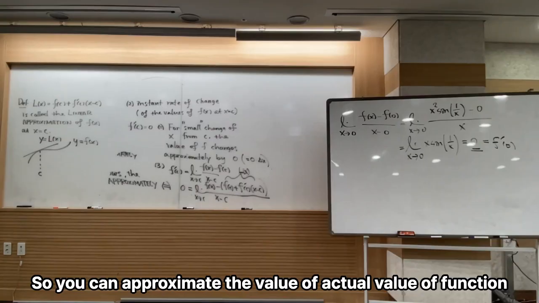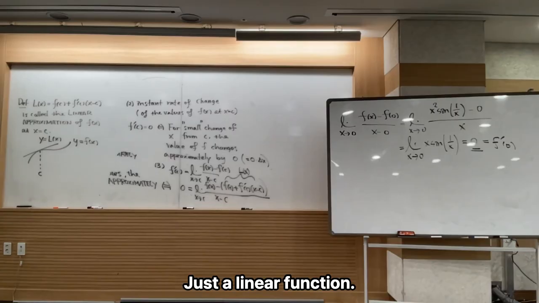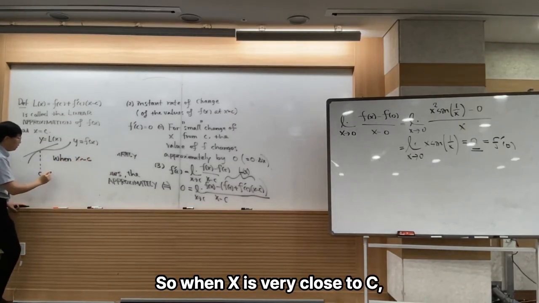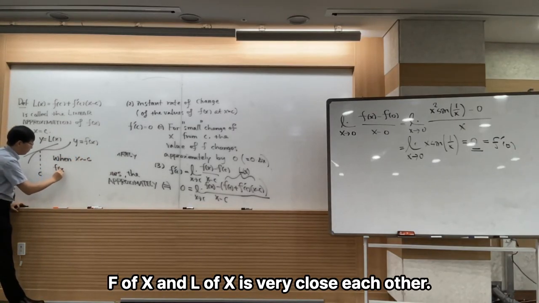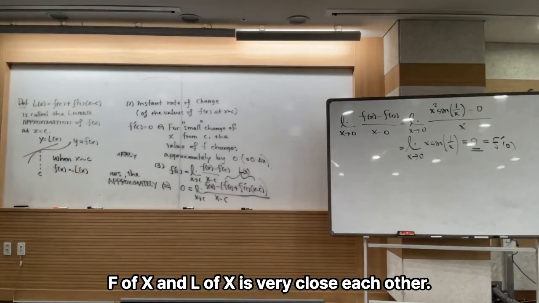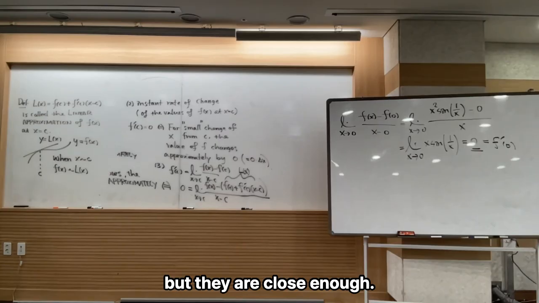So you can approximate the actual value of the function by the value of the linear approximation. When x is very close to c, f of x and L of x are very close to each other. I'm not saying they are the same, but they are close enough.